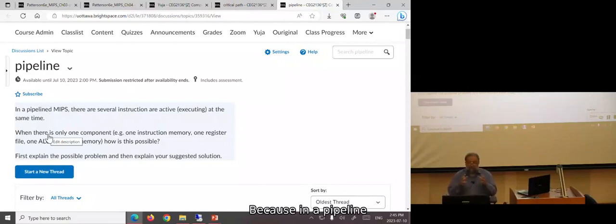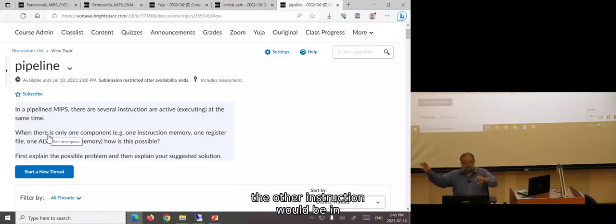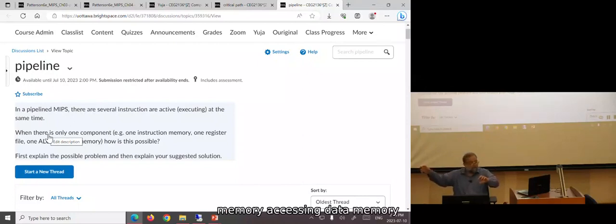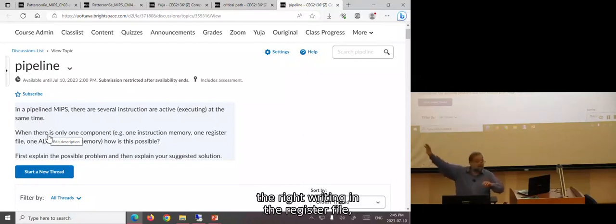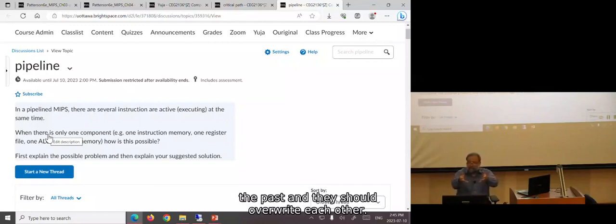In a pipeline, one instruction could be in fetch, the other one in register file decoding, the other in ALU executing, the other accessing data memory, and the other writing in the register file. So we have several instructions using the elements in the path, and they should overwrite each other.